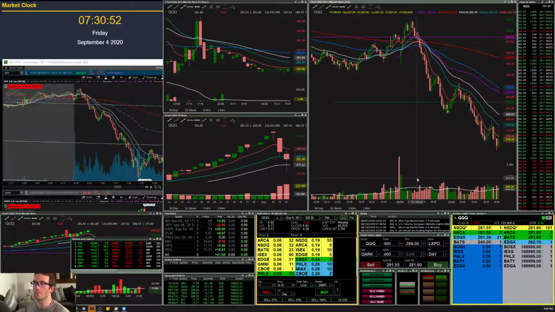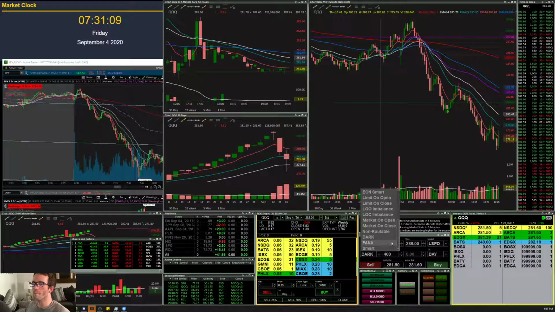Some people do trade like that, then you can use the dark. There are also other ones that are more for professional investment firms and hedge funds. But yeah, I stick with limits and markets and trailing stop limit, all that.